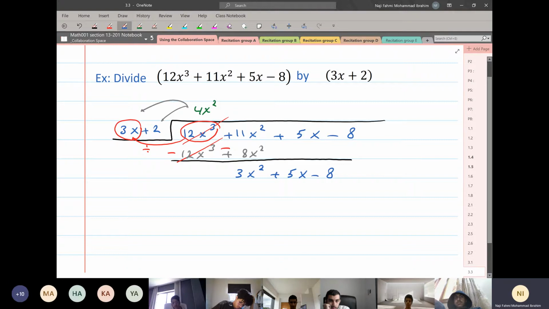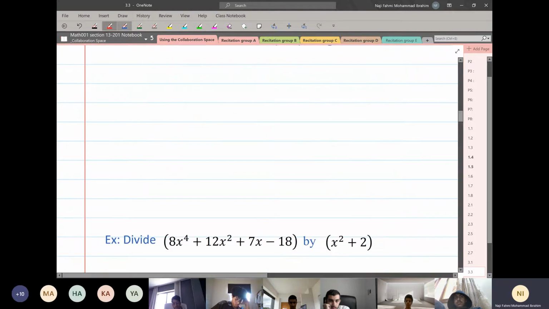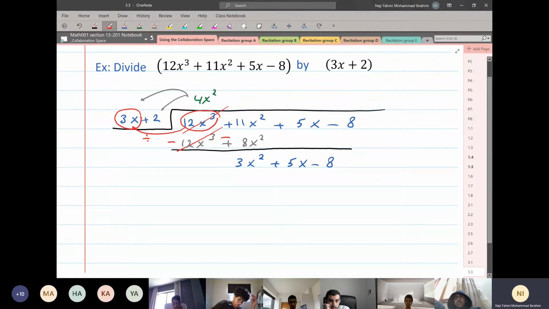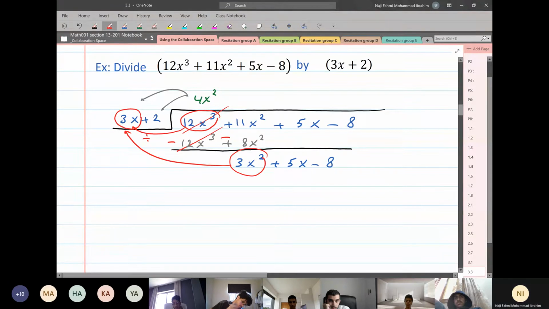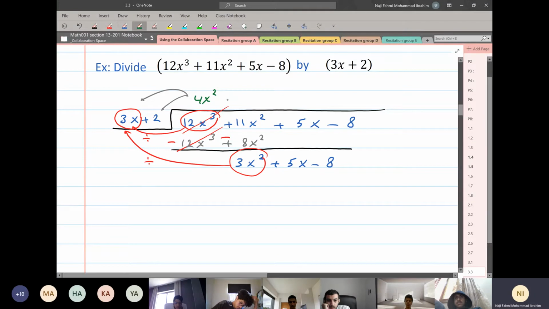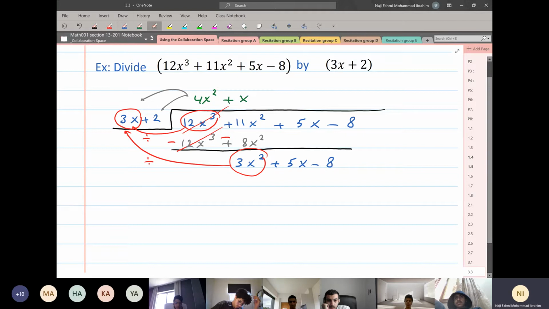Again, divide the leading term by the leading term. 3x squared divided by 3x, how much is that? x. Now multiply x by these.